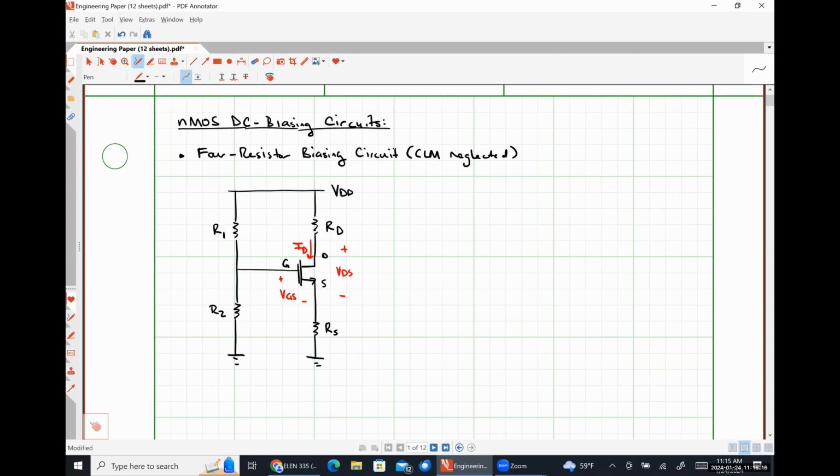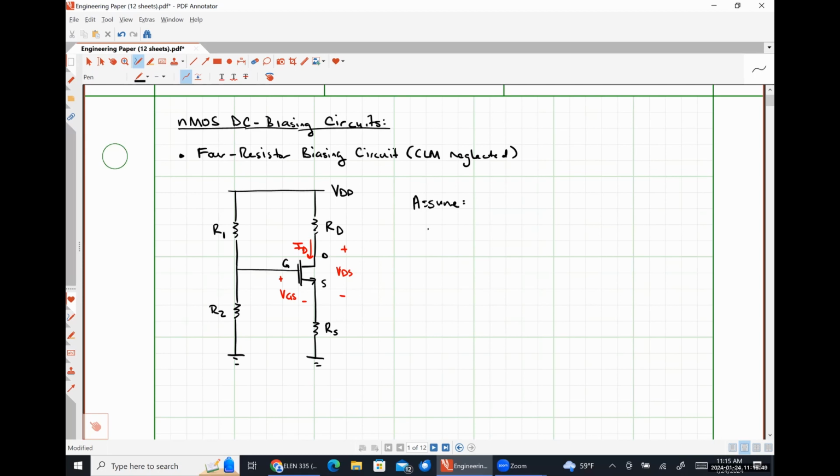Okay. All right. So one of the biggest pains of analyzing a MOSFET circuit is that we have to assume an operational mode and then prove that our assumption is correct. So we are always going to start out by assuming that our device is working in the saturation region of operation, meaning that we are going to assume two things.